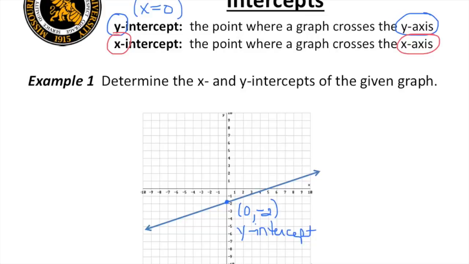Now notice also that this graph crosses the x-axis at (5, 0). That particular point is called our x-intercept. Notice that the y value of our x-intercept is 0.